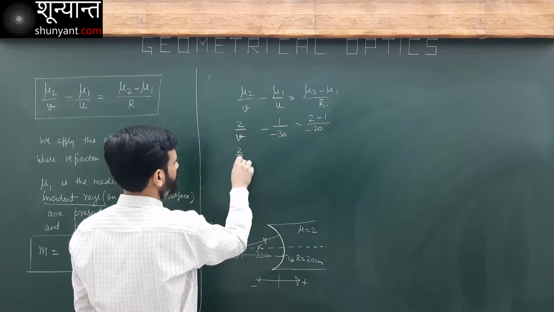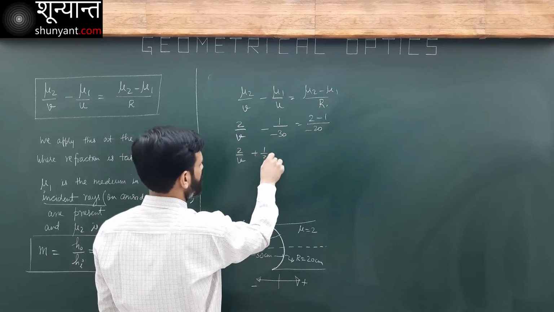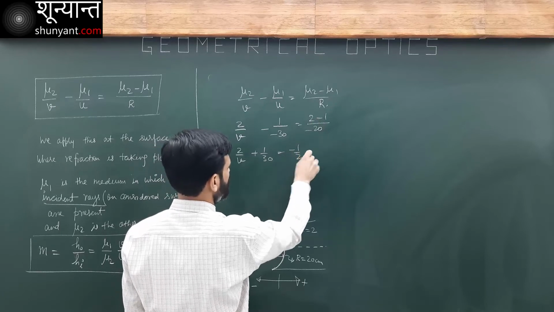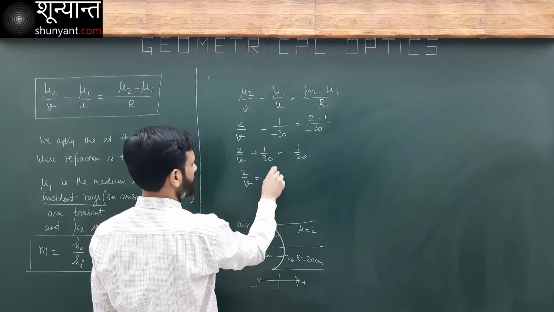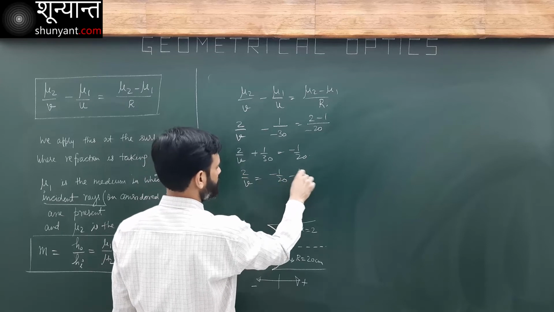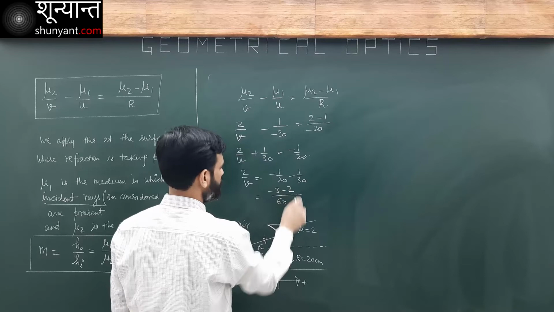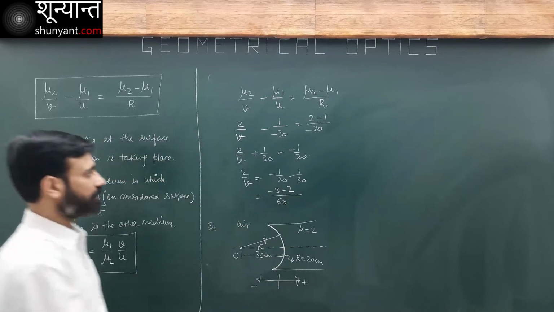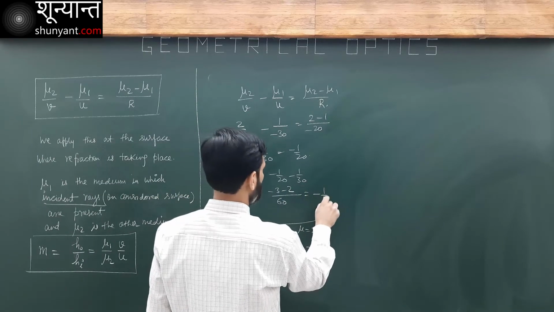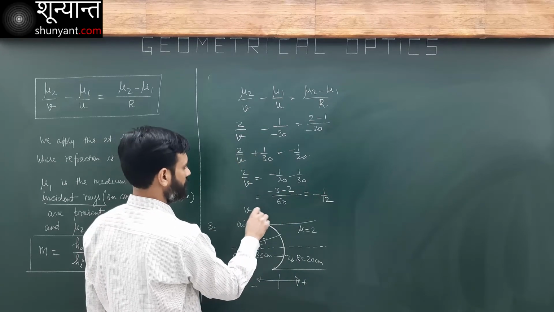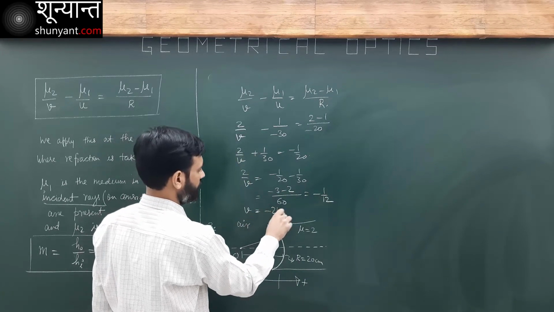So 2 over V plus 1 over 30 equals minus 1 over 20. So 2 over V is minus 1 over 20 minus 1 over 30. This is minus 3 and minus 2 over 60. So this is minus 1 over 12. What is V? It is minus 24 centimeter.